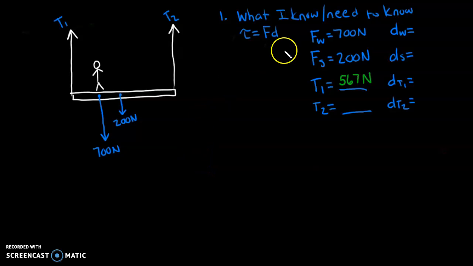Alright, so the things I know are still the same. The drawing is still the same. But for step 2, I'm going to pick a pivot point. And I'm going to choose the opposite side this time. I'm going to choose T1.